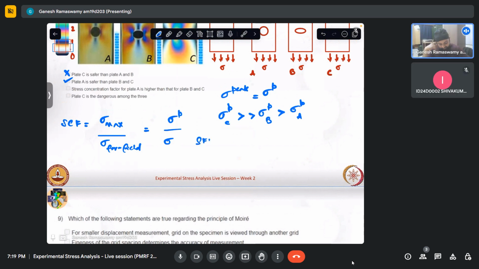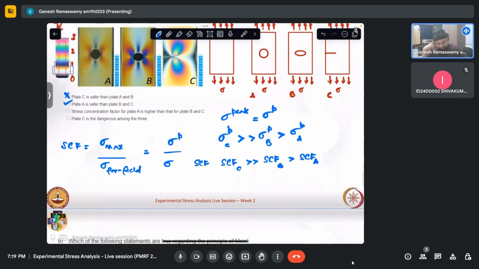So in terms of SCF also, SCF for C is much, much greater than for B, which is greater than SCF for A.